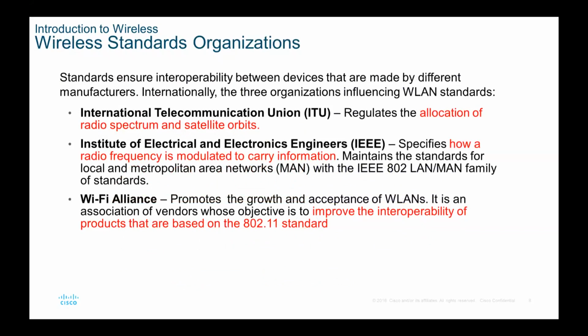You should remember these organizations. One is the ITU, International Telecommunication Union, which regulates the distribution of the spectrum to different vendors and the satellite orbits which have to be used for transmission. Then you have the IEEE, which takes care of the different wireless standards. And you have the Wi-Fi Alliance, specifically for monitoring the wireless LAN, that is the Wi-Fi.